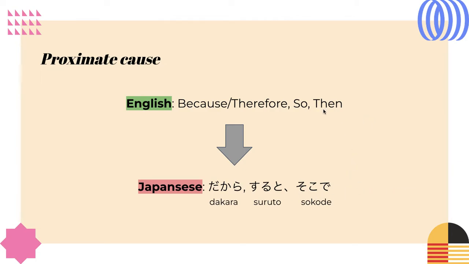So there's no direct translation. All of these definitions are similar to these 3 Japanese words. And there are more proximate causes in Japanese, but I have chosen 3 so we don't get overwhelmed learning new words.